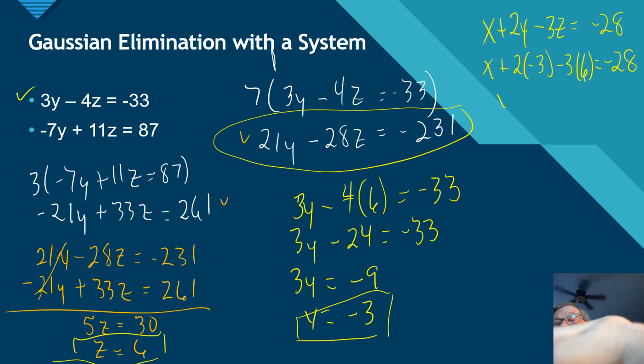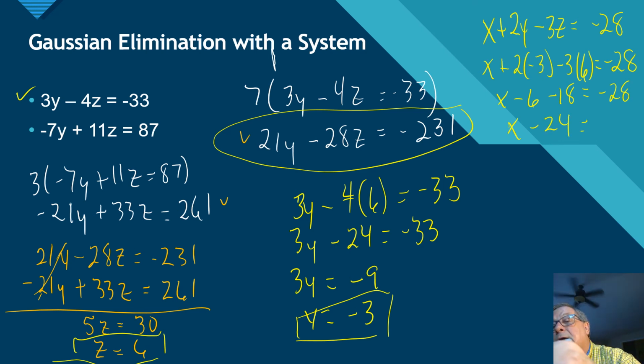All right, so 2 times -3 is -6. And -3 times 6 is -18 equals -28. And so now x, -6, -18 is -24 equals -28. Add 24 to both sides, and x is going to equal -4.